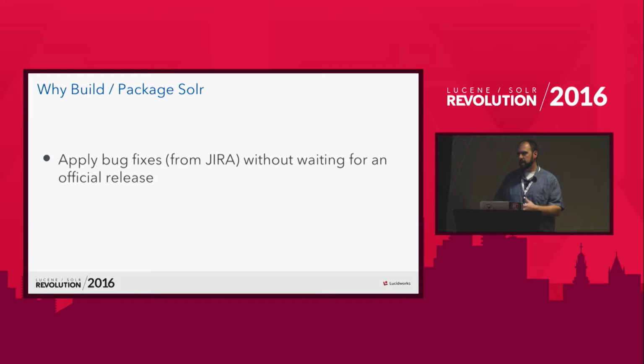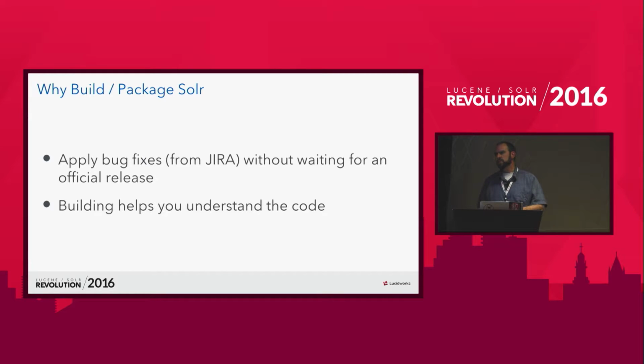And the idea behind building it myself was that if a very simple JIRA patch was released for a bug that I wanted fixed, but I didn't have the bandwidth to do a full regression test, or I didn't want to wait for an official release to come out, then I could just choose to apply that JIRA to my own fork, build it, package it, deploy it, effectively the same version with a non-breaking change and simply a bug fix.